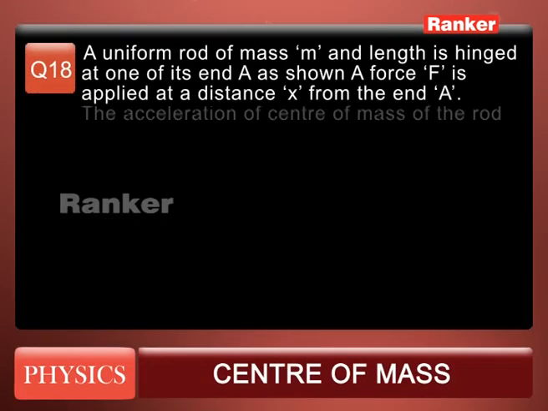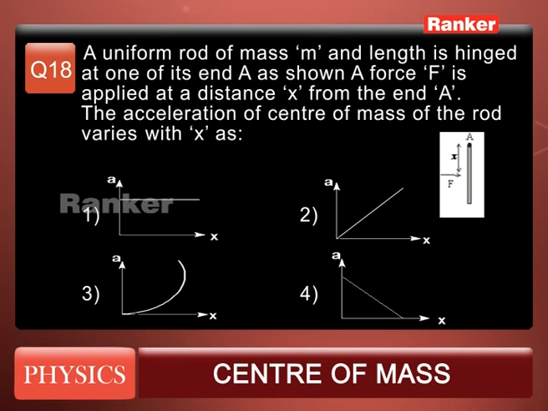Question number 18. A uniform rod of mass M and length L is hinged at one point, its end A, as shown in the figure. A force F is applied at a point at a distance x from the end A. The acceleration of the center of mass of the rod varies with x as.